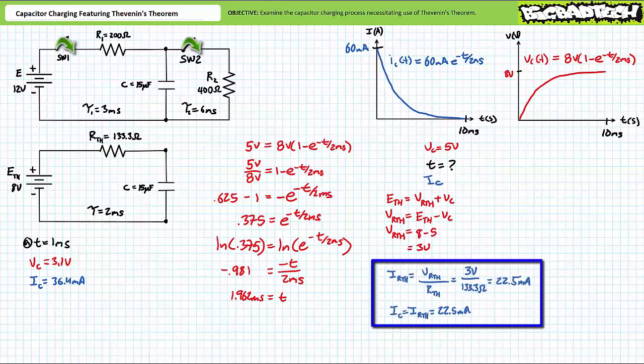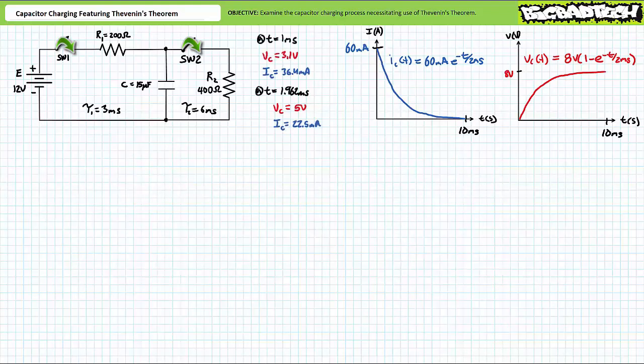A quick application of Ohm's law demonstrates that with 3 volts across a 133.3 ohm resistor, approximately 22.5 milliamperes must be flowing through it, and by extension, 22.5 milliamperes must also be flowing into the capacitor because they are in series with one another. Let's put these instantaneous values at t equals 1.962 milliseconds aside for later use.